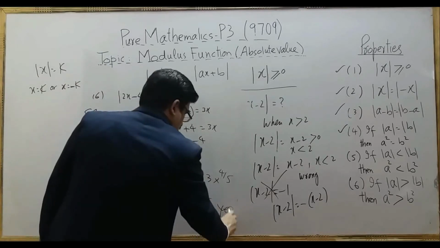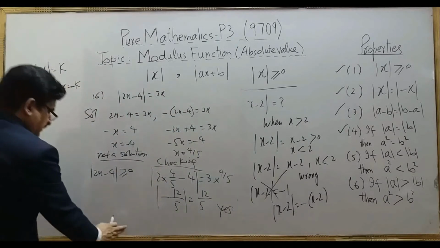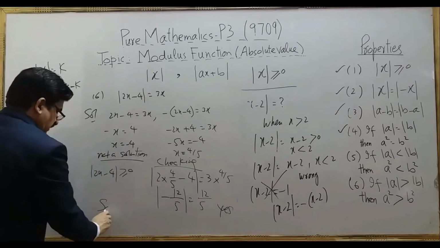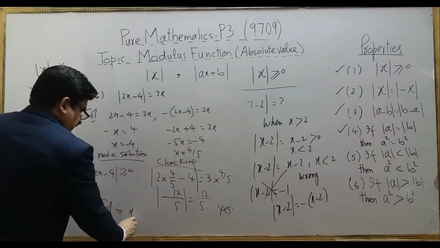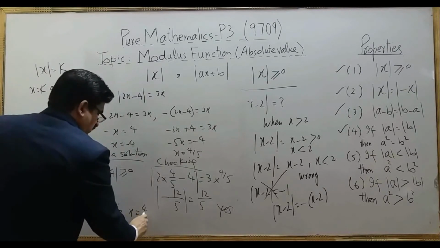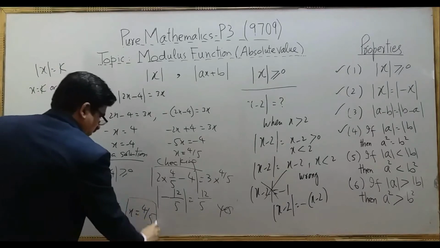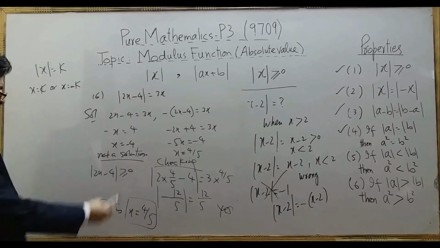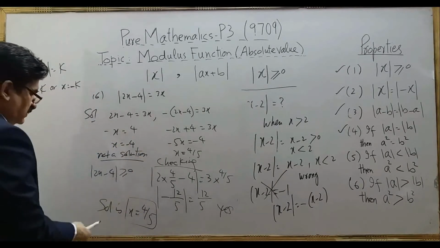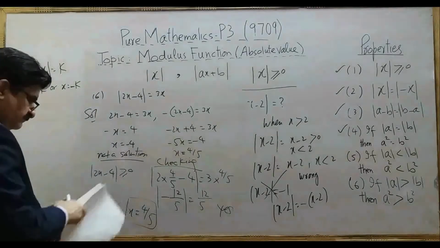Yes, it is true. Hence the final answer to this example, the solution is x is equal to 4 over 5. So in this example, one value satisfies, one does not satisfy.